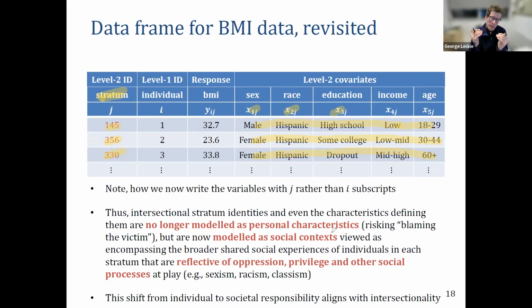And if they're treated as private, personal characteristics, then it risks blaming the victim. It's therefore they have a poor outcome because of their characteristics, when really it's how society views and interacts with people with different identities, which is the concern which intersectionality is driving at addressing.